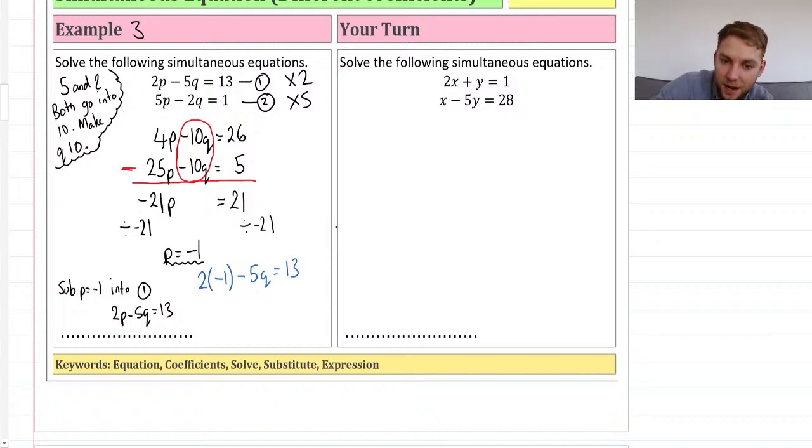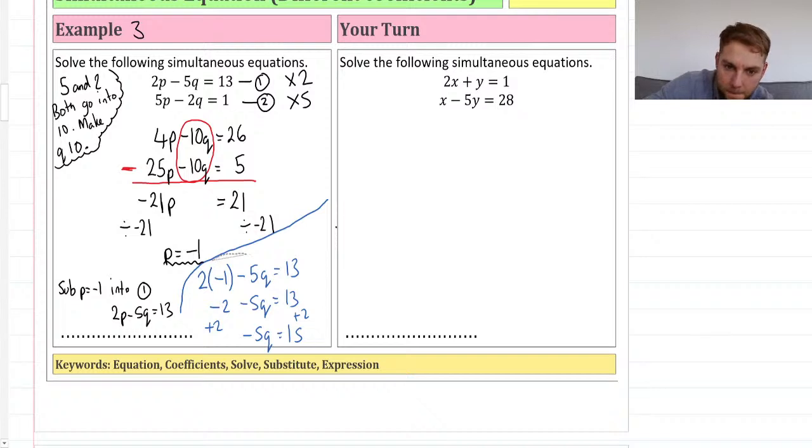So 2 times minus 1 is minus 2, minus 5q is equal to 13. So then I need to add 2, minus 5q is equal to 15.